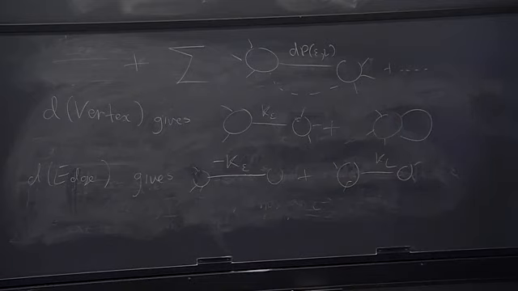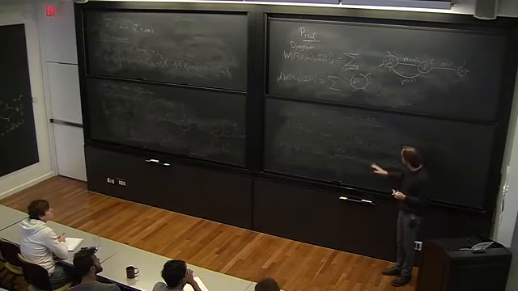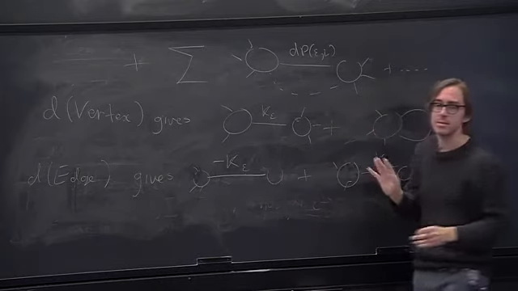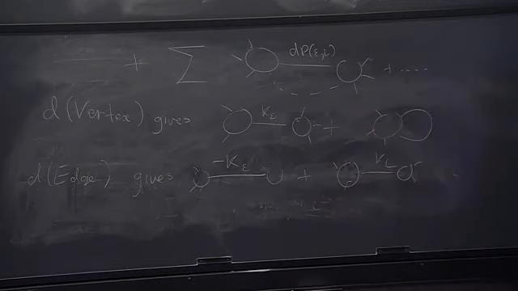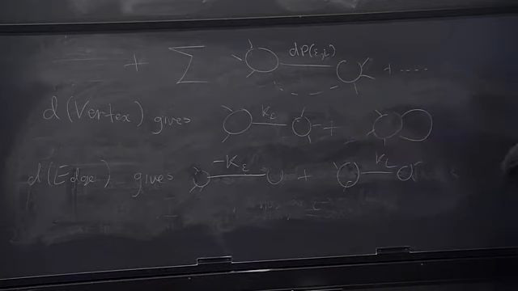Now I have to sum everything up. You can convince yourself that these two, the D of a vertex ones and the K epsilon ones, will just cancel. Because for D of a vertex, the result is a sum over all graphs with a special edge on which I place K epsilon.